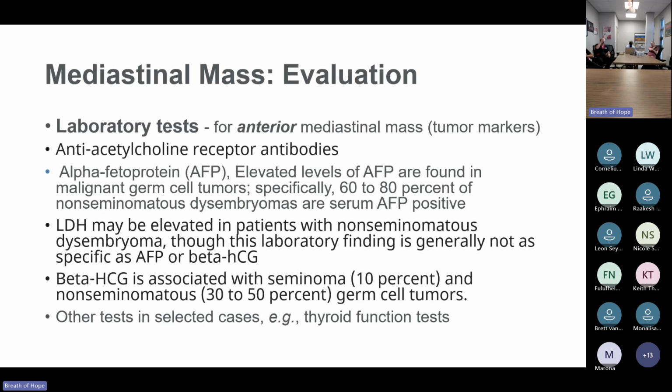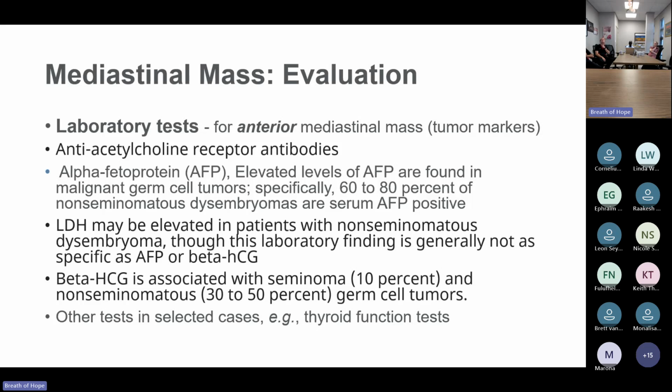The second marker you could do is alpha-fetoprotein, which tends to be linked with hepatocellular carcinoma of the liver. However, in this setting, it's also elevated in malignant germ cell tumors, specifically in 60 to 80% of non-seminomatous tumors.